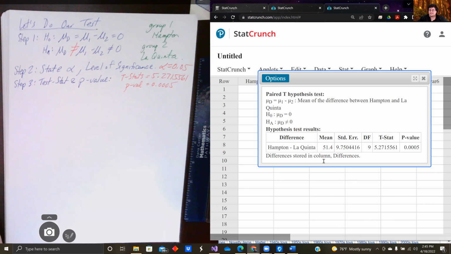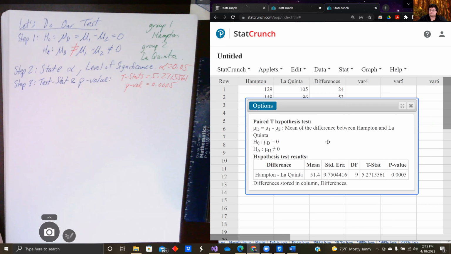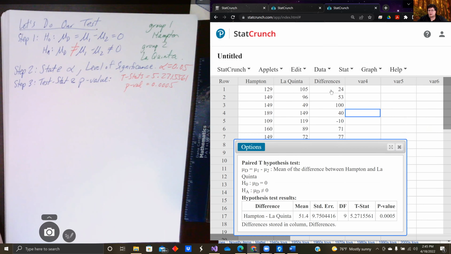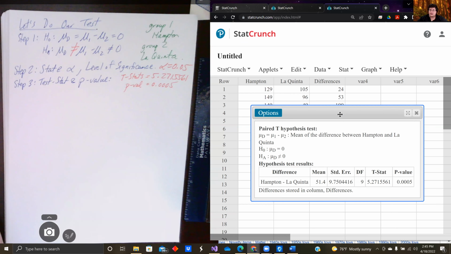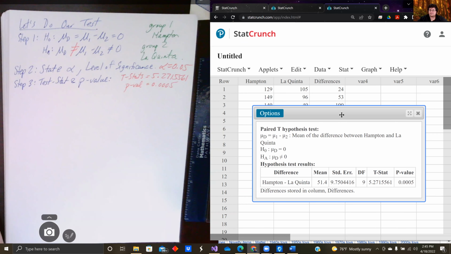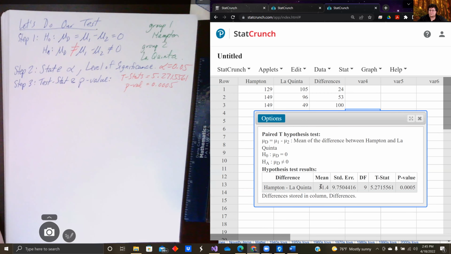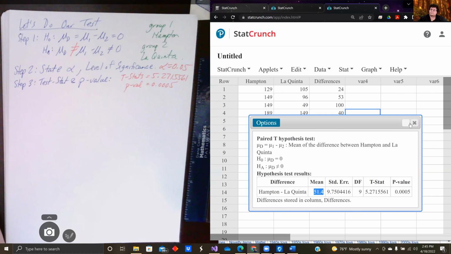It says the differences are stored in the column differences. So notice they made a column difference here. And they gave me a mean of 51.4. I wonder where they got that. Let's see if we can figure that out.